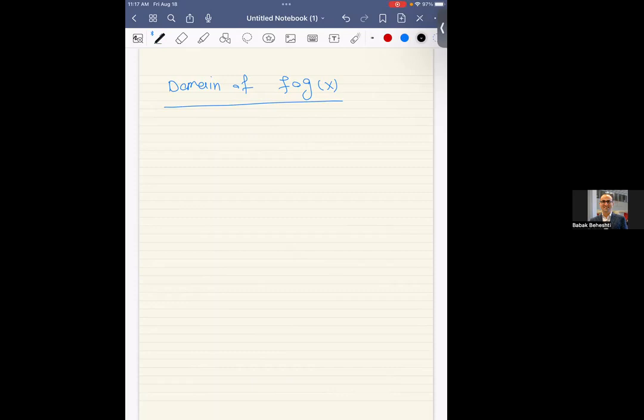Here is the general definition for the domain of f o g. First of all, you must have x in the domain of g, because you first apply g, so that means x must be in the domain of g.